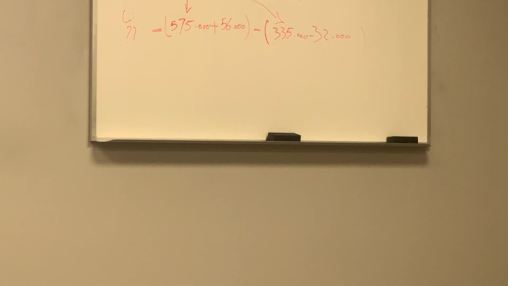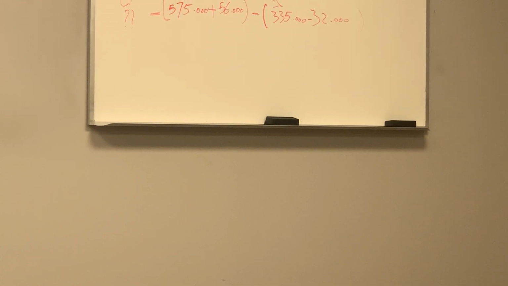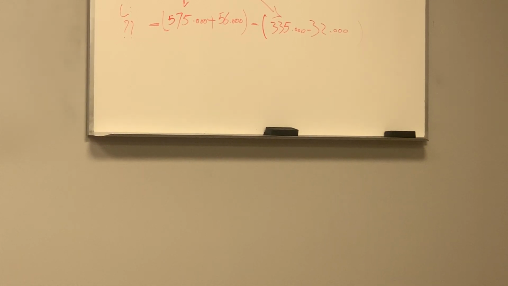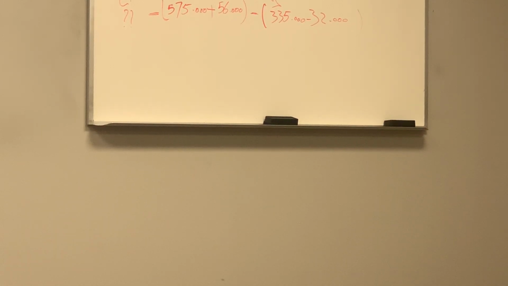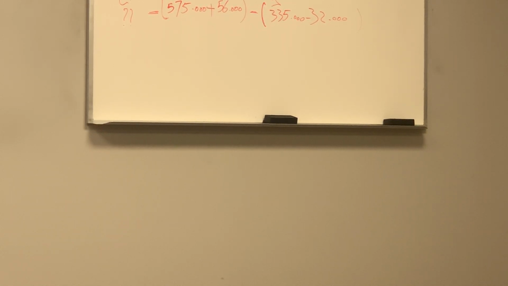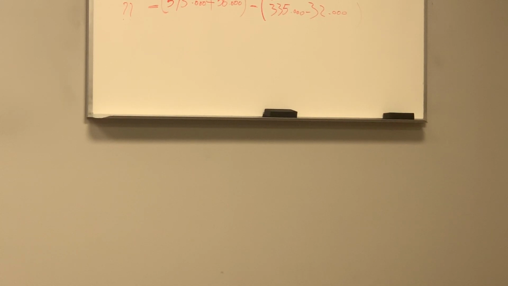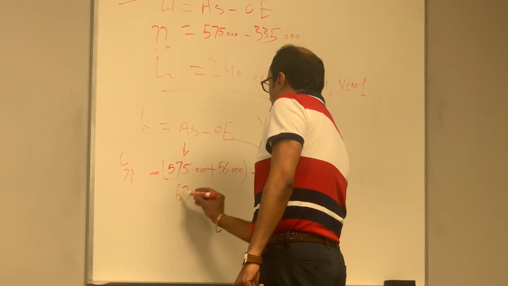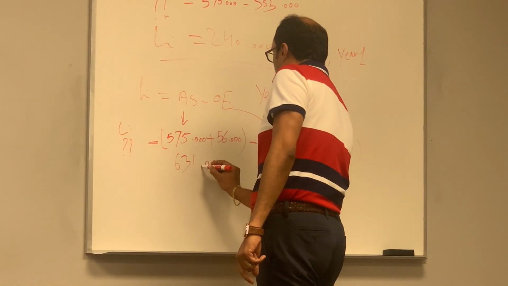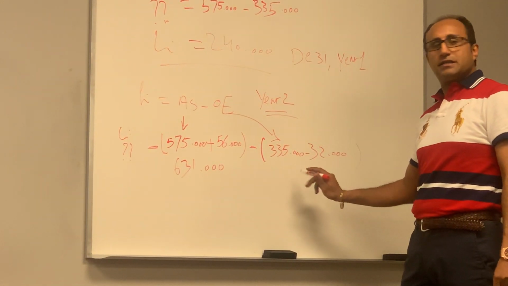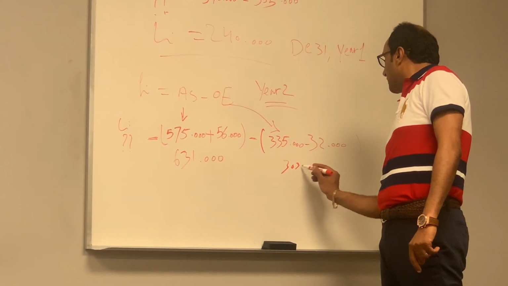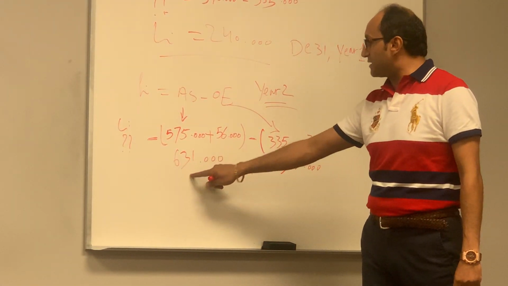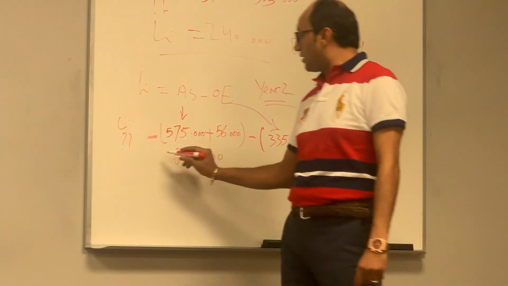Give us the number for assets, $375,000, and the owner equity, how much? $60,000... $31,100, and here $300. So this minus this, assets minus owner equity, gives us liabilities.